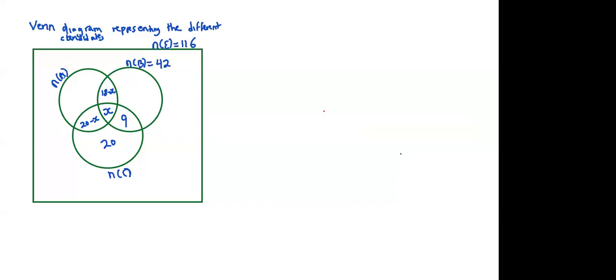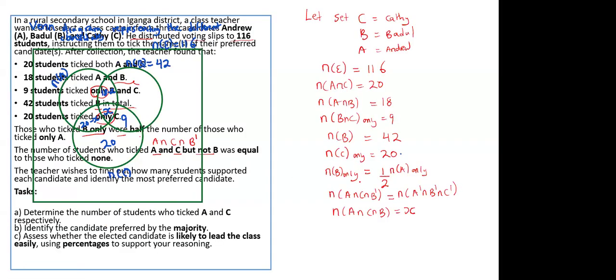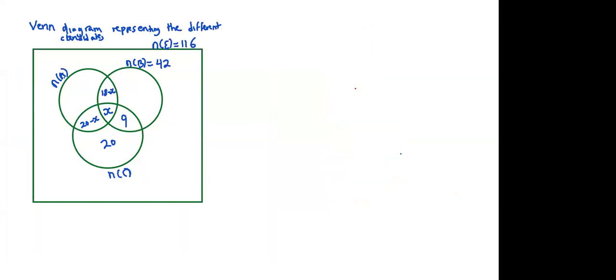Okay. Now, if that is very okay, I want us to write the other two statements that we are going to interpret. The first statement is that B only is a half of N of A only. So from here, I'm going to use that statement: B only is equal to a half of N of A only.